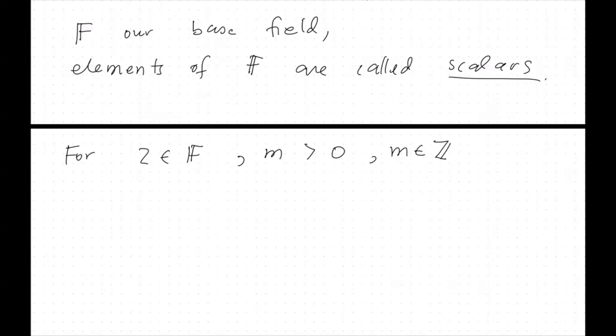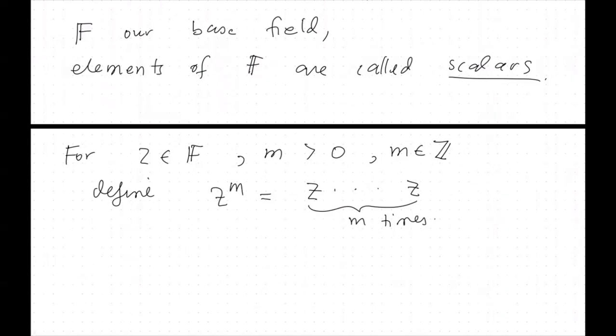Then define z to the m, which is just z multiplied m times, the product of m copies of z.